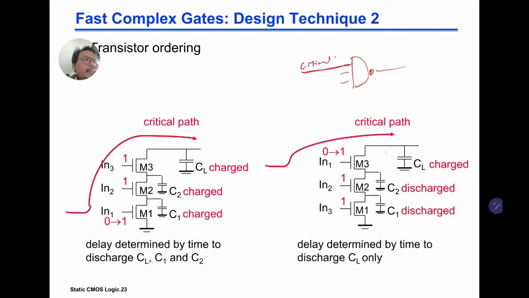Basically, the other nodes are already discharged, so in the end you just discharge only the top side. Compared to the other ordering, where you have to discharge the whole thing down. So the delay is determined only by the time to discharge CL if you put it on the top, compared to if you put it on the bottom, where you have to discharge the whole thing. So if you know which pin of the gate is on your critical path, you want to put it closest to the output.